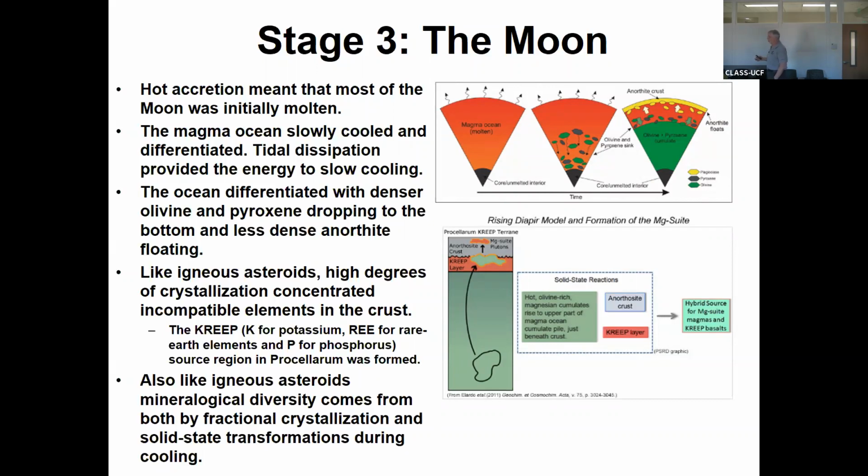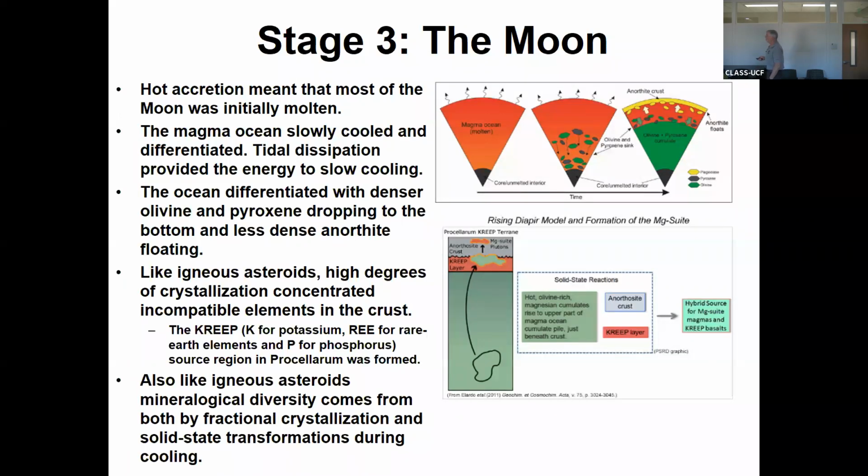And the magma ocean cooled actually more slowly than it otherwise would because you were still inputting energy from tidal dissipation. The moon had probably accreted vastly closer than it is right now. And so tidal coupling with the Earth would transfer Earth's rotational energy into the moon and keep it relatively warm.